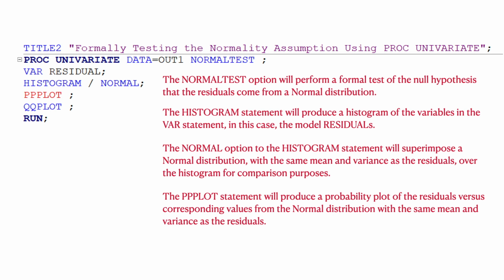And finally, the PPPLOT statement will produce a probability plot of the residuals versus corresponding values from the normal distribution with the same mean and variance as the residuals. The QQPLOT statement provides a similar kind of plot, a quantile-quantile plot, but we're going to focus on the PP plot.